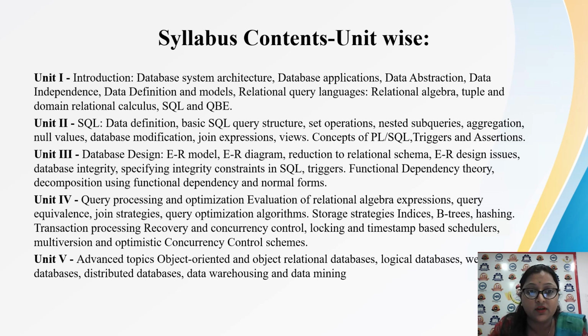In the first unit, there is an introduction to database system architecture. It is divided into modules: user, query processor, storage processor, and disk storage. First, in the user, there are application interface, application program, sophisticated users, and database schema.